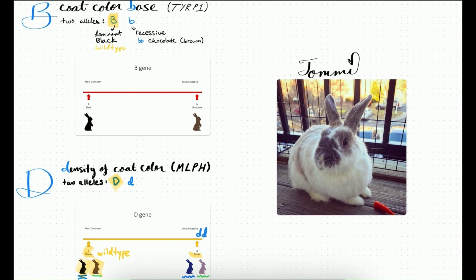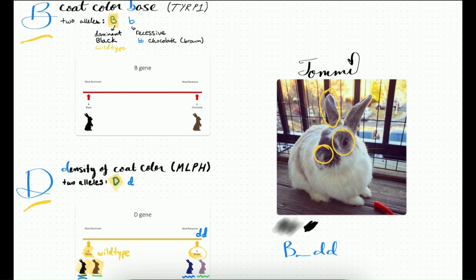So looking back at Tommy, for the B and D genes, given the gray coloration on her ears, tail, nose, and around the eyes, and gray is a dilute form of black, we can likely assume that Tommy has a dilution gene at play here, suggesting that we have a genotype of big B and something, and little d little d genotype for her.